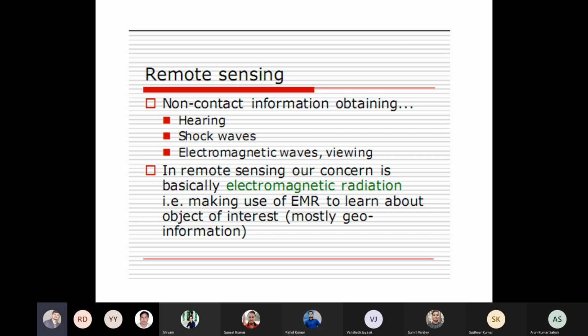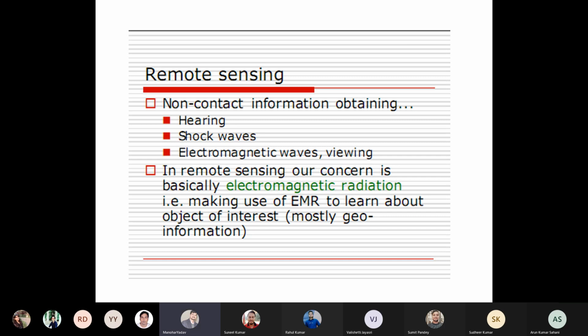So like non-contact information we can obtain, like hearing, the ability to listen to sound due to vibrations that occurred at some distant location. Similarly, we can feel the shock waves.